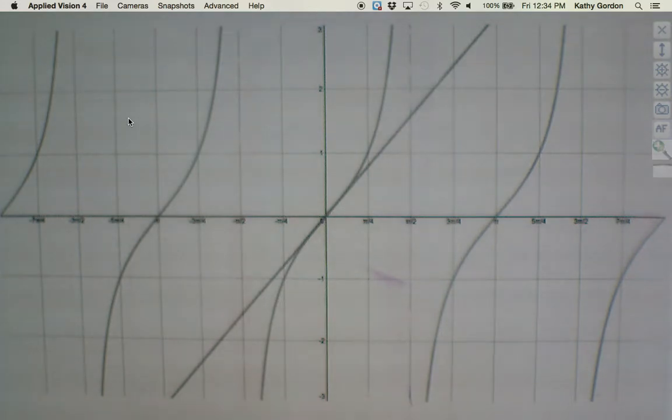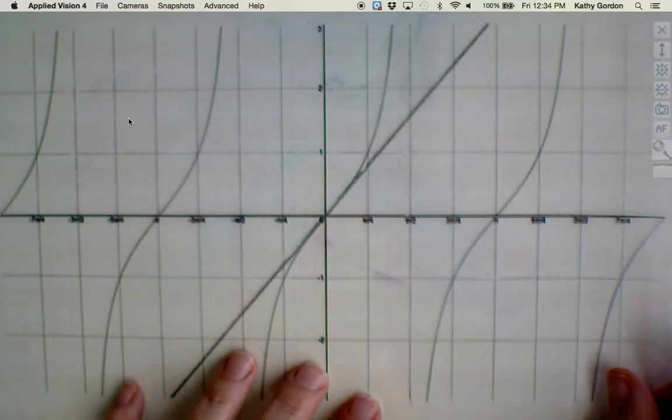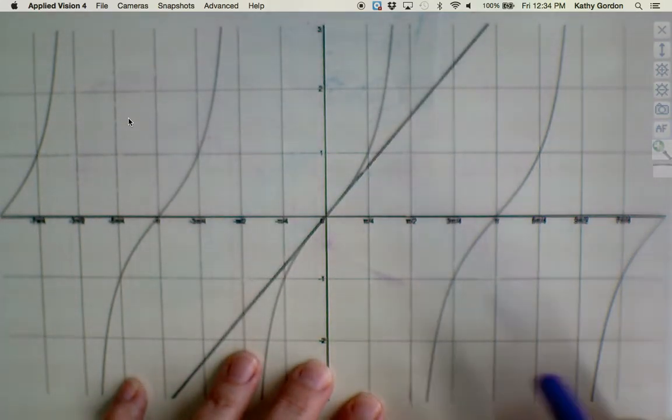So does tangent, as is, pass the horizontal line test? No. But one piece of it does. So, again, what do I have to limit my tangent to in order to get a piece that does pass? Negative pi over 2 to pi over 2.